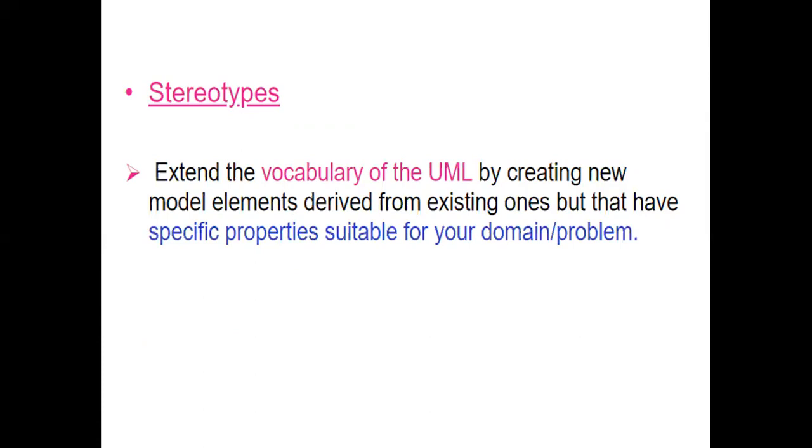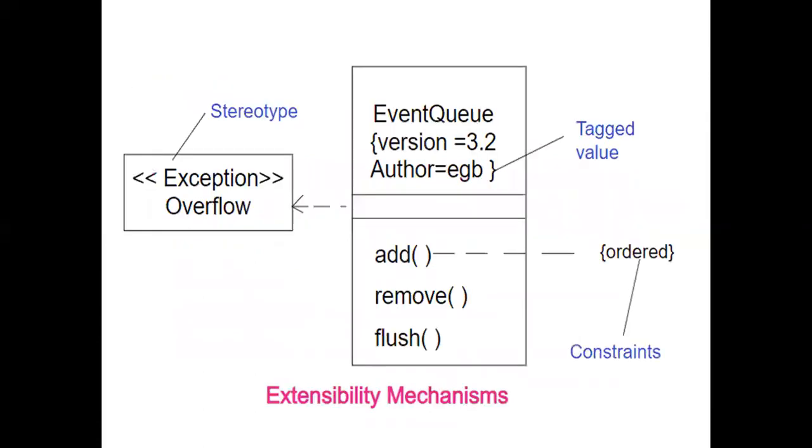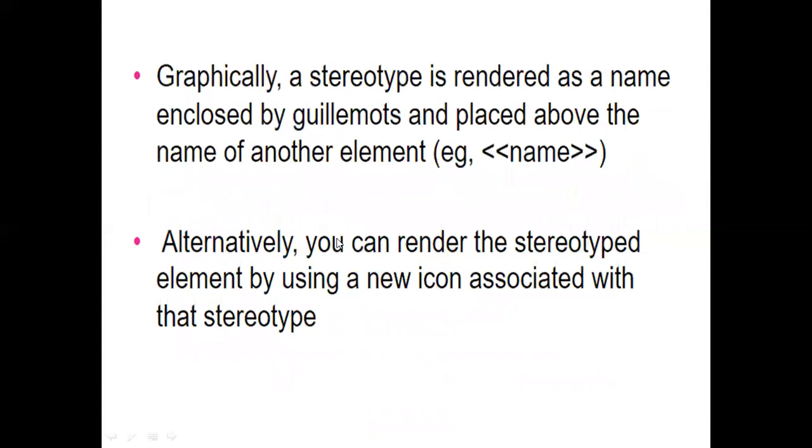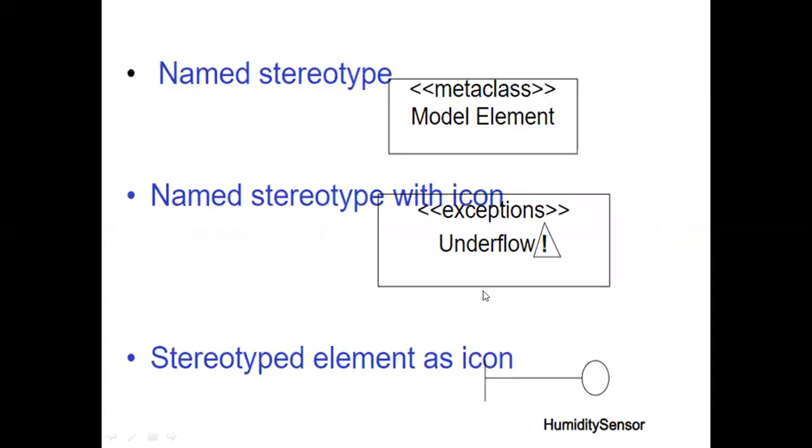This may be represented as a box with a name, or a box with an icon, and the name included in a stereotype can be enclosed in guillemet symbols. Graphically, a stereotype is represented by guillemet symbols. Alternately, you can use a new icon associated with the stereotype. Here: name, stereotype, name with icon, and stereotype with icon.